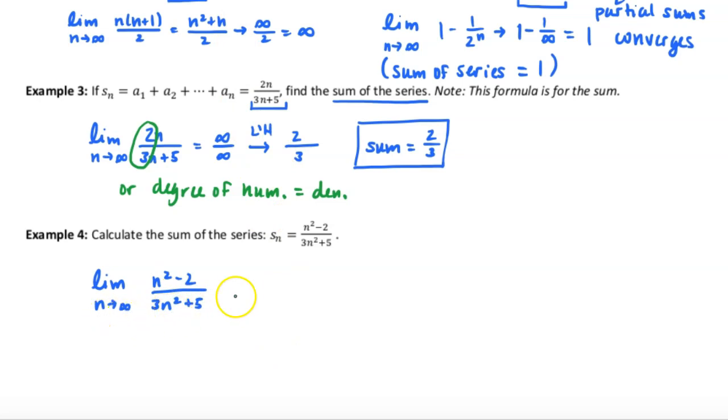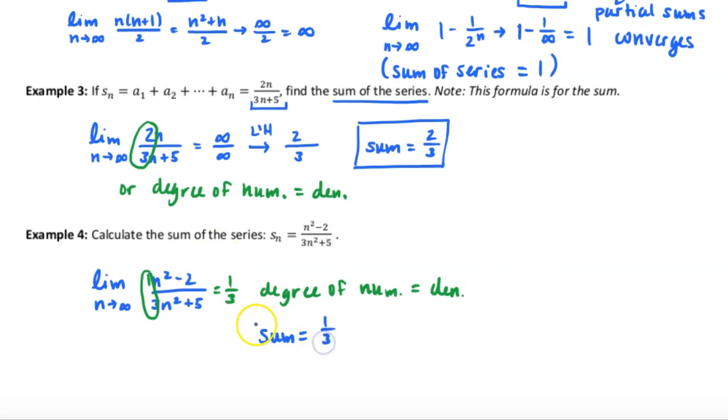And because n is approaching infinity and the degree of the numerator is equal to the degree of the denominator, in front of this n squared, I really have a coefficient of 1, then I can say the limit is just equal to 1/3, meaning that the sum of the series is 1/3.